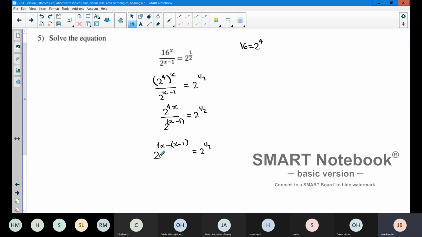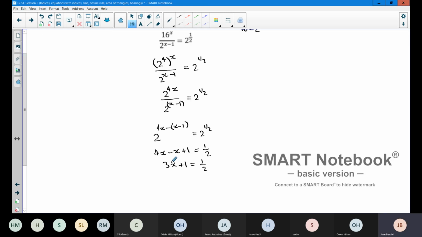And then remember, because we've got 2 to a power equals 2 to a power, that means that the powers are the same. So we can write 4x minus x plus 1 is equal to a half. And then we have 3x plus 1 is equal to a half. And we can do this, there are different ways we can move the 1 to the other side.